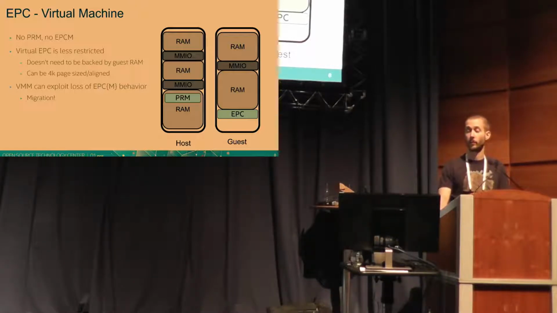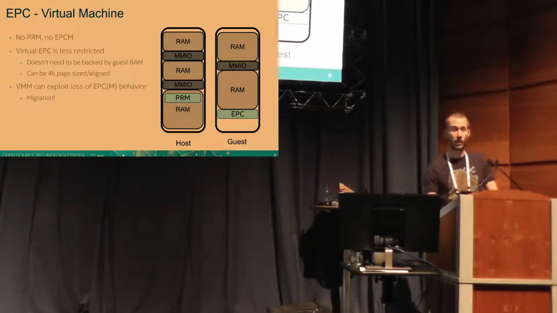But because software is conditioned to respond gracefully to faults, to the EPC being lost, on live migration we can just migrate the page tables as normal, but when you get to your destination, everything starts faulting, but user space doesn't care. They just think that we went into a suspend state or something.